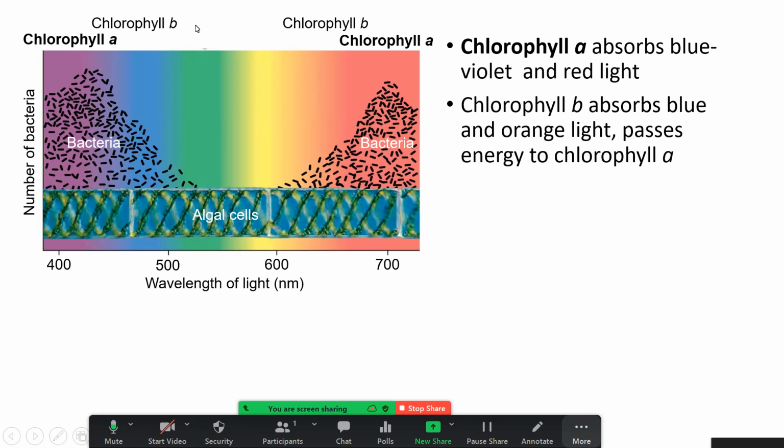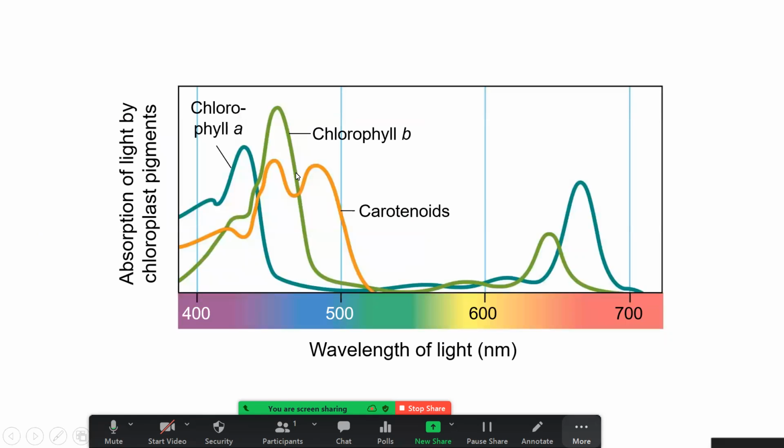Chlorophyll B absorbs blue and orange light. It's going to then pass that energy to chlorophyll A. For the purposes of this lecture, don't worry too much about which chlorophyll is which. Okay, just know that there's these two chlorophylls and that neither of them is very good at using red, yellow, or orange light. All right.